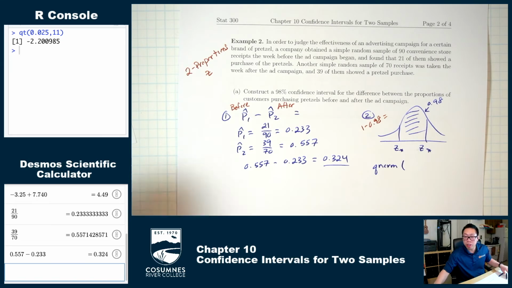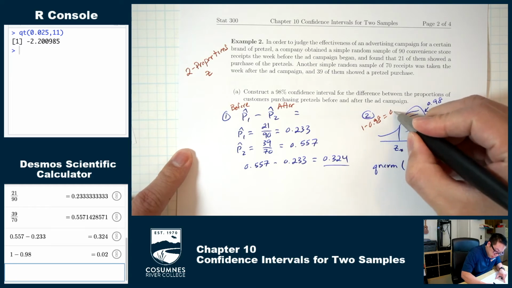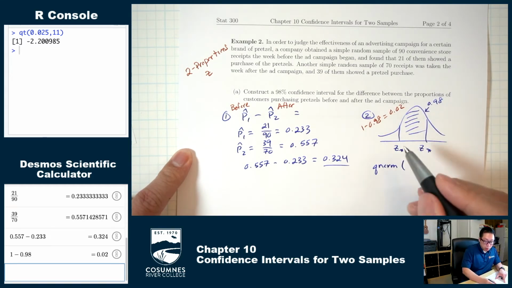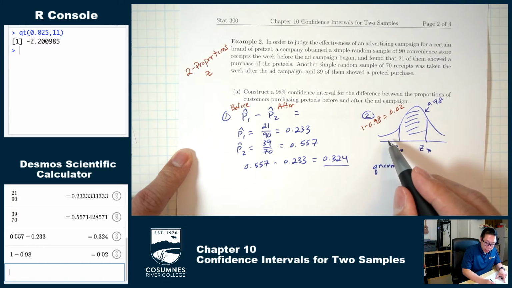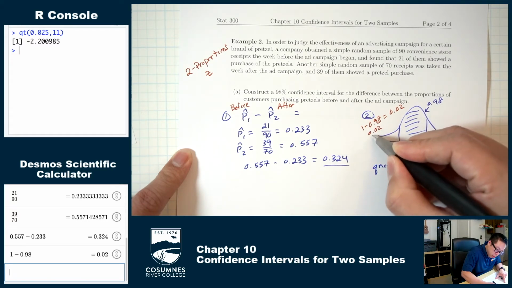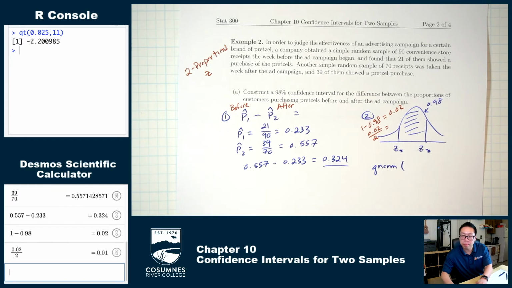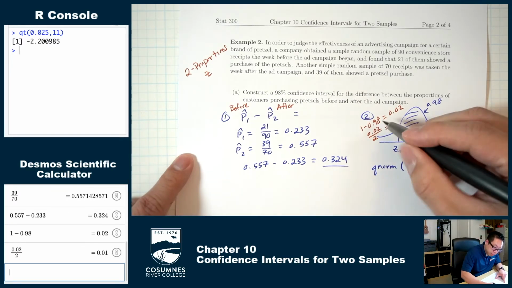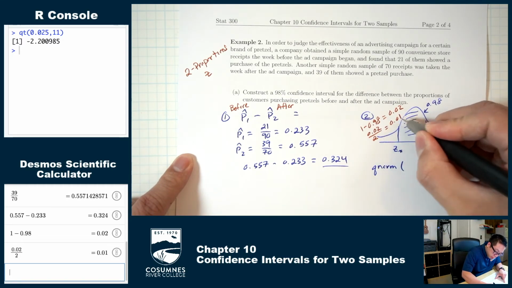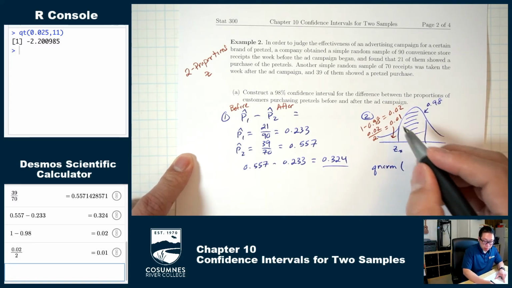That gives me the unshaded part, 0.02. The unshaded part is the left and right together. If I just want the left side, I divide by 2. 0.02 divided by 2 is 0.01. That's the left unshaded part that I'm going to plug into R.